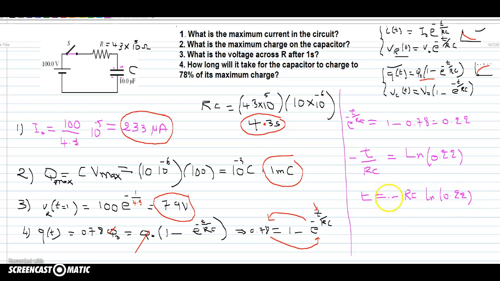The RC is here, so the time t is just 4.3, I have the negative sign here, times natural log of 0.22. Now, if you do the math, you are going to find almost 6.5 seconds. So that's my answer.